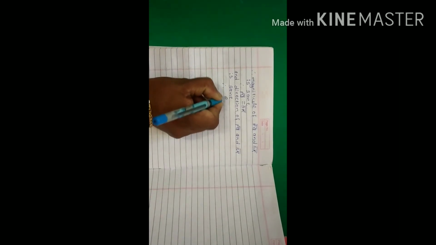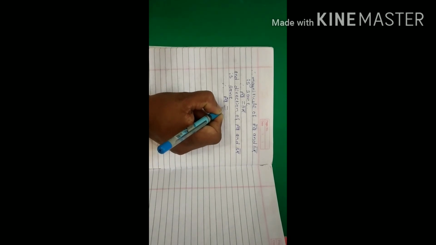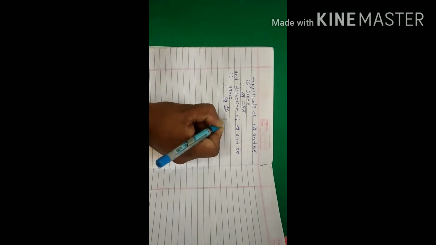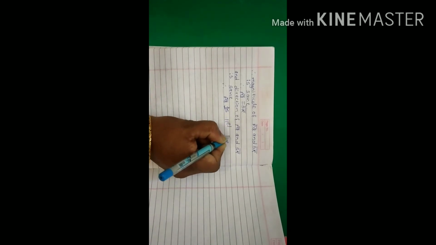Therefore, we denote here PQ bar is parallel to SR bar. In parallelogram, opposite sides are parallel and equal.